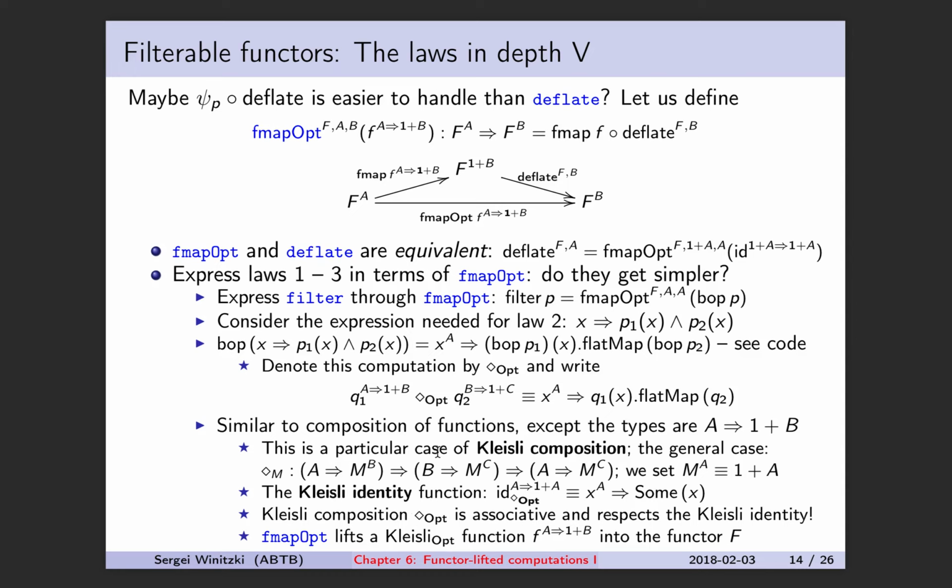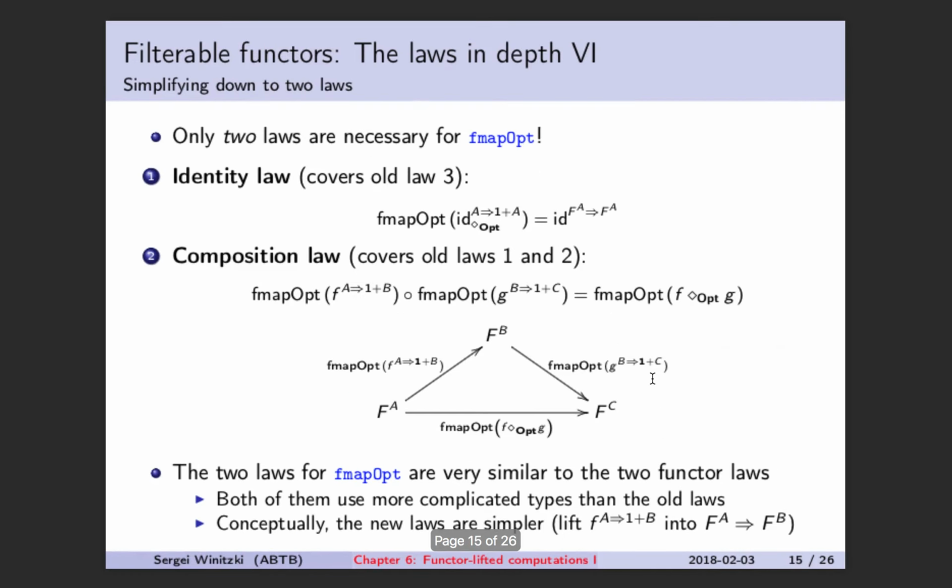It turns out that in terms of Kleisli composition, these functions have an associative composition operation with identity element as well. And so the fmap opt lifts this kind of function into the functor f, into functions fa to fb.